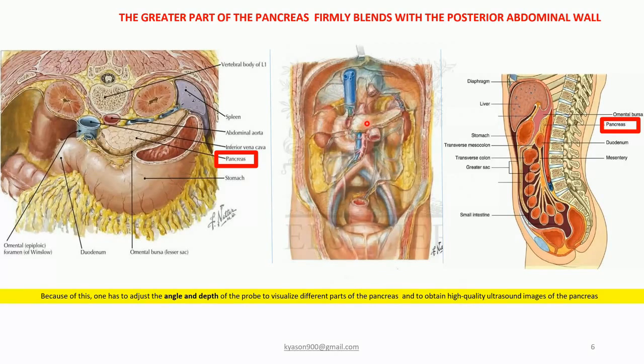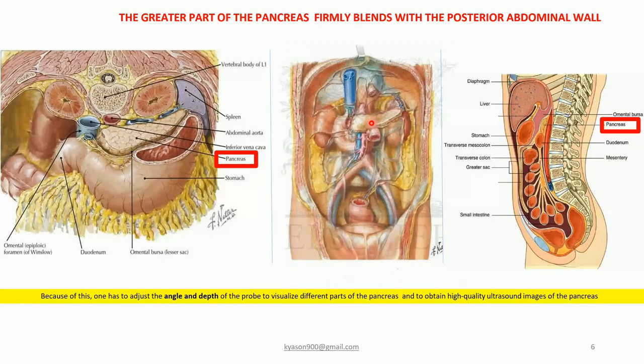Being retroperitoneal and close to the back helps you appreciate that clinically, patients with pancreatic diseases will always experience pain radiating to the back, because the organ is close to the back.